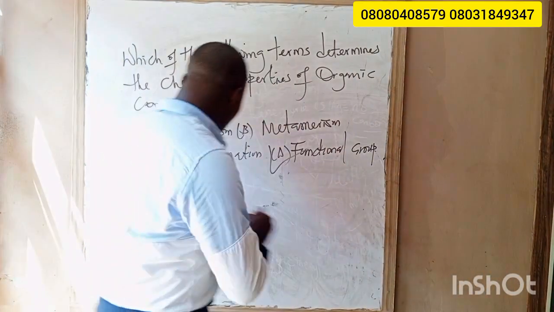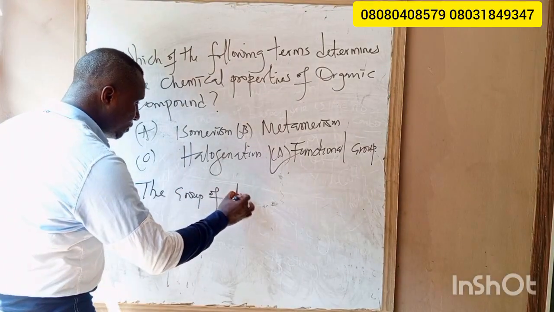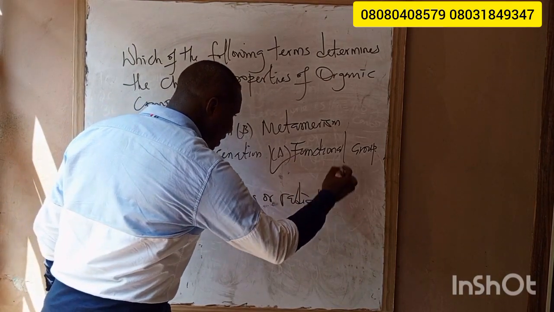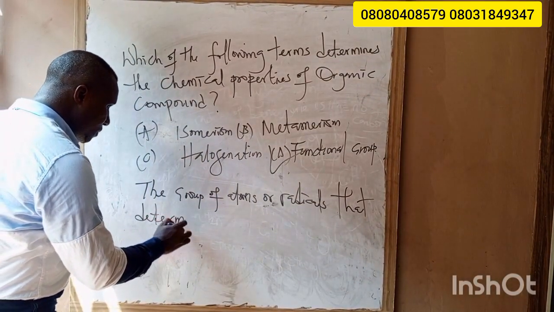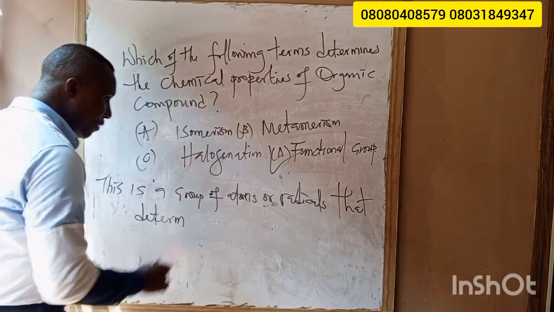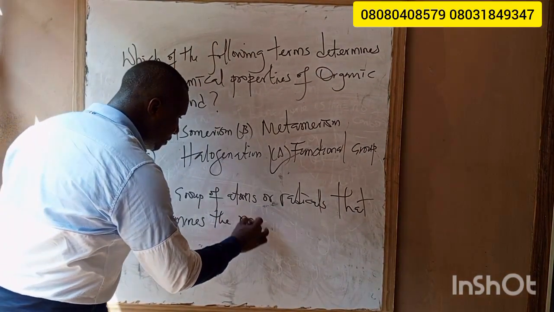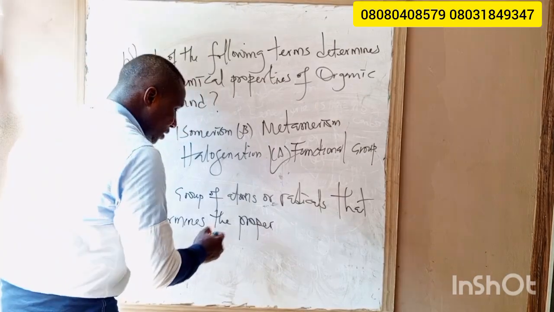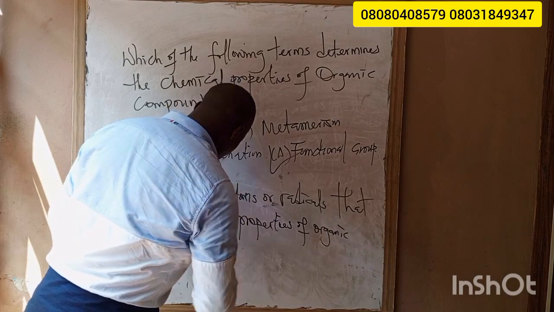Write it down. This is the group of atoms or radicals that determine the property, which could be physical or chemical properties, and mostly chemical properties, of an organic compound.